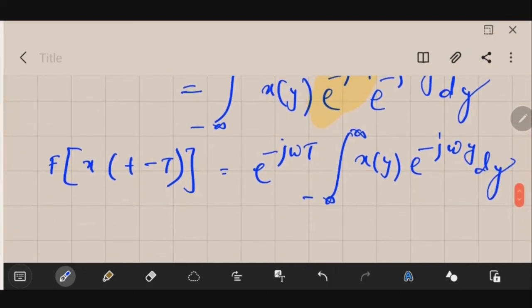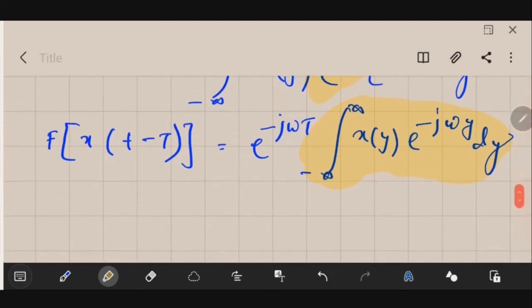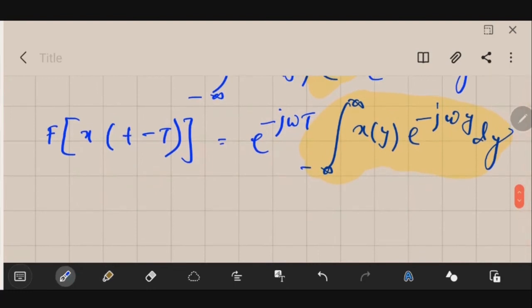Here you could note one more thing: this expression is just the expression of a Fourier transform. Only the variable y is used in place of the variable t. Otherwise it is just the same equation for the Fourier transform. So can we write it this way? Let me write it and see. It will be e to the power minus j omega capital T, which was outside the integral, times capital X of omega.